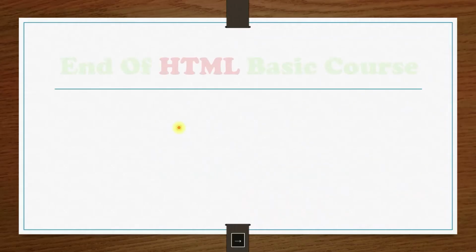And we are at the end of the HTML basic course for 9th grade, and I covered all the basic things regarding the HTML basic course, and inshallah in HTML advanced we will learn more things about how to make a form, how to make a table, how to beautify our web page more and more, and how to use CSS and stuff like them.